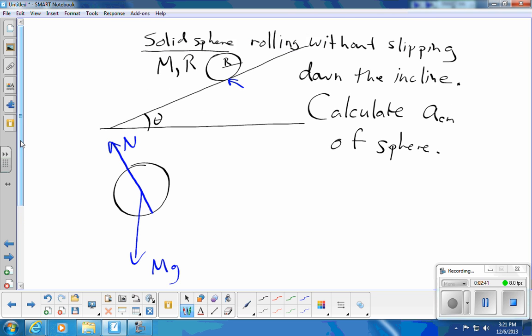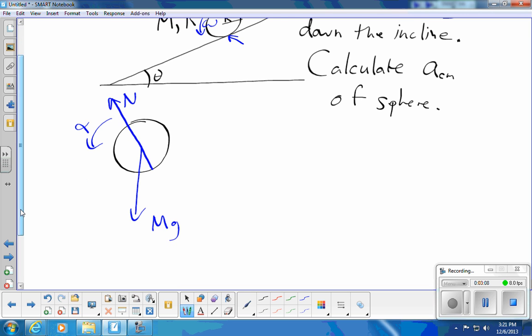Because for this to be rolling without slipping and accelerating, going faster and faster, think about this. As the ball rolls down the ramp, it's going to have an angular velocity, which is counterclockwise, as it's rolling. And if it's accelerating down the ramp, the ball's rolling faster and faster, which means it has an angular acceleration, alpha, as it rolls faster and faster.